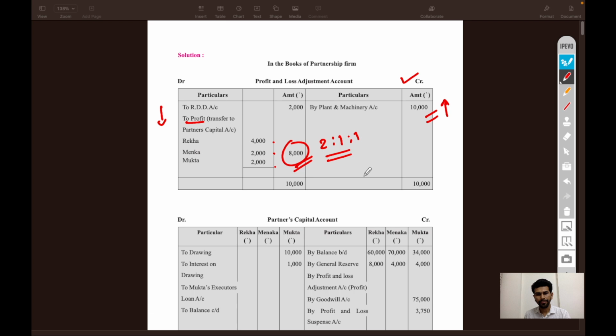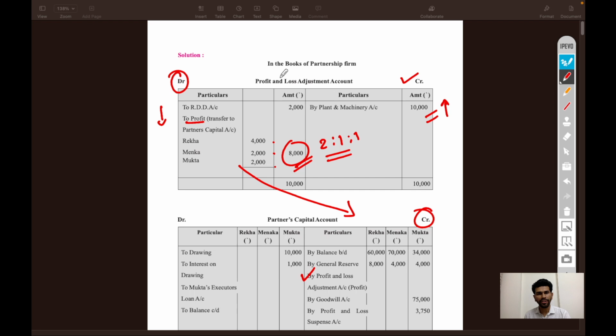And now the amount will be shifted to partners capital account credit side by profit and loss adjustment account. From profit and loss adjustment account debit side to partners capital account credit side.